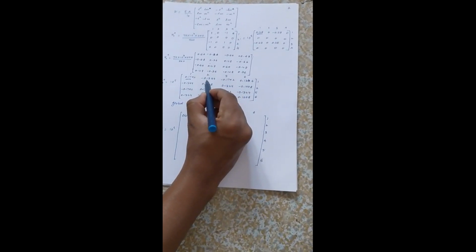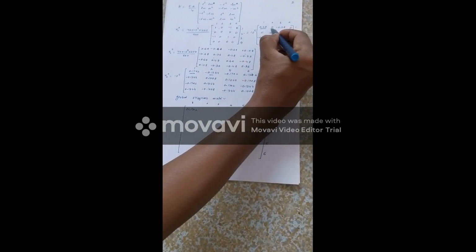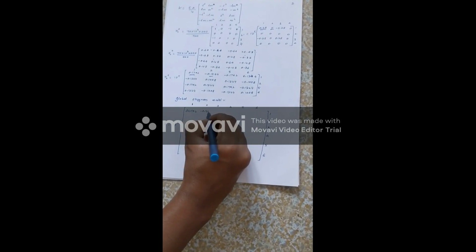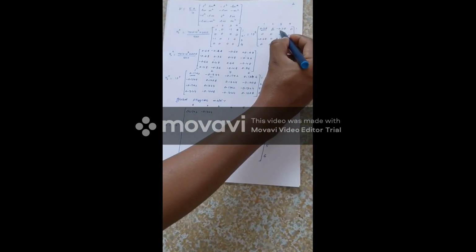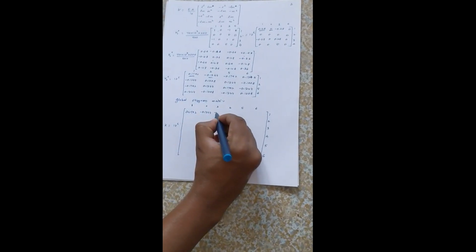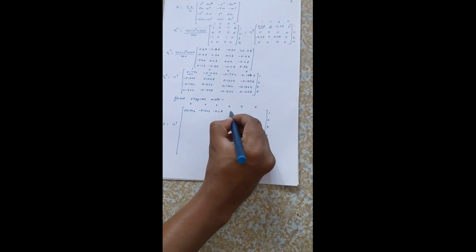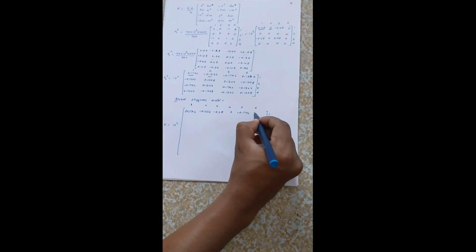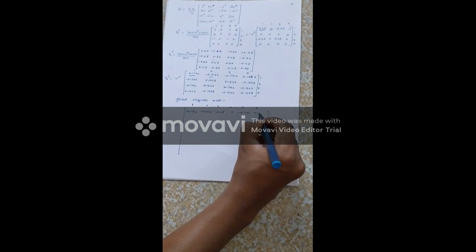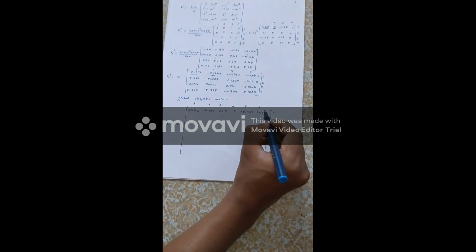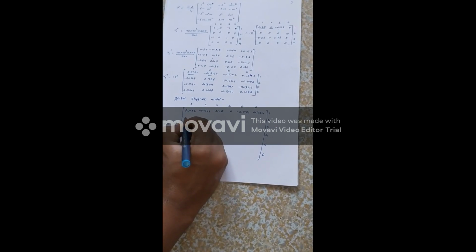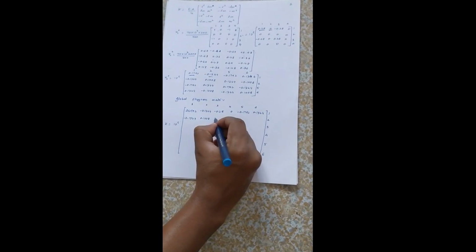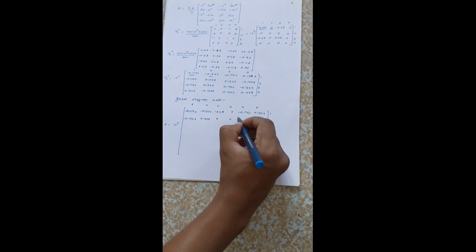Similarly, 2 cross 1 also will have two values, 0 and minus 0.1344, so minus 0.1344. 3 cross 1 will have only one value, which is minus 0.28. 4 cross 1 is 0. 5 cross 1 is minus 0.1792. 6 cross 1 is minus 0.1344. Similarly 1 cross 2 is minus 0.1344, 0.1008, 0, 0.